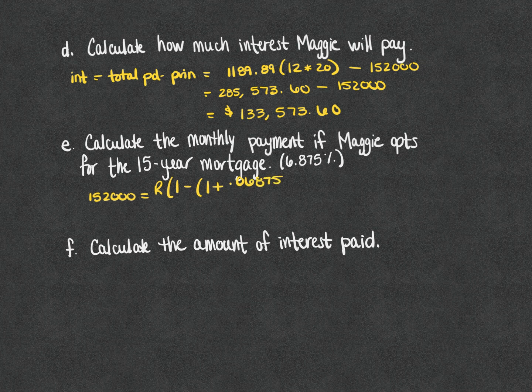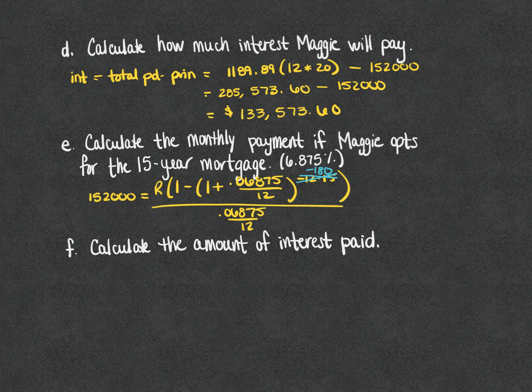So 6.875 for a 15-year loan. And again, I'm just going to make some quick edits to my Desmos. This one here becomes a negative 180. So I can change my exponent and I can change my interest rate.